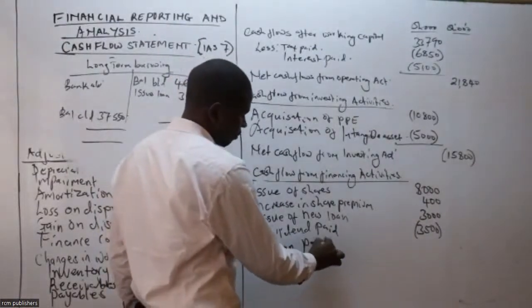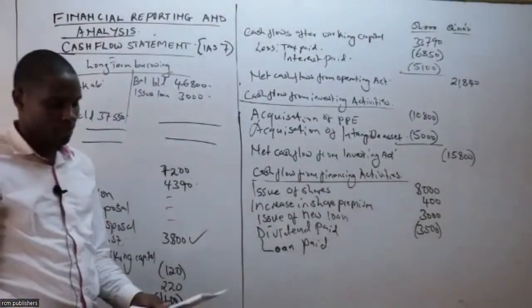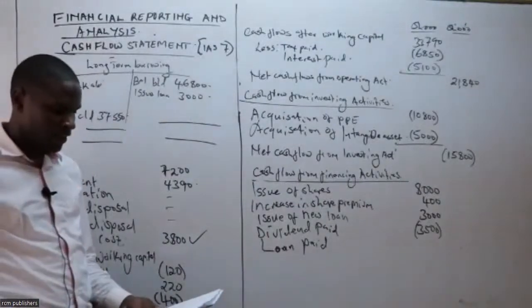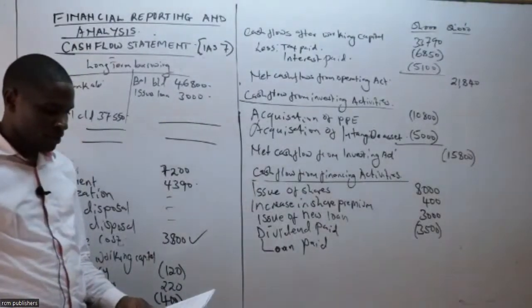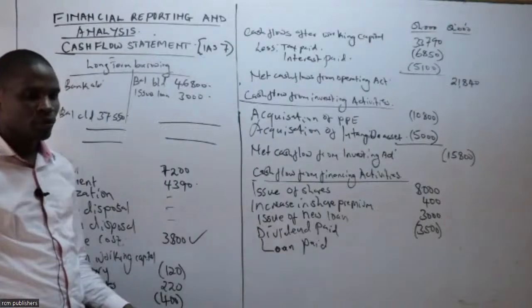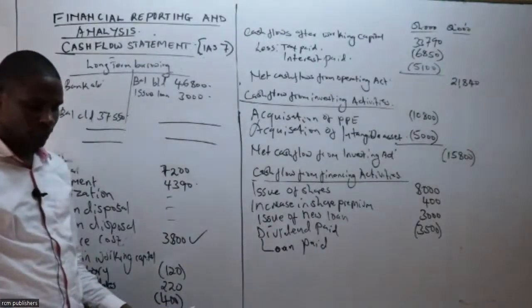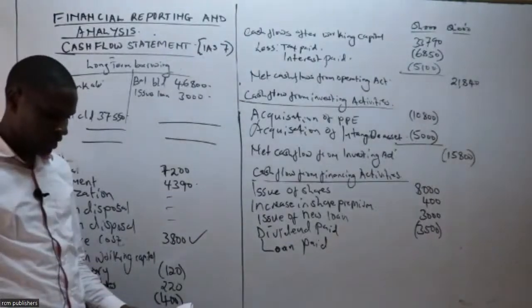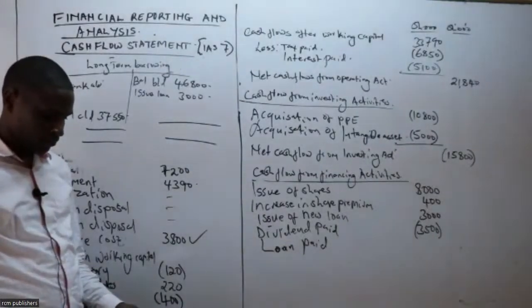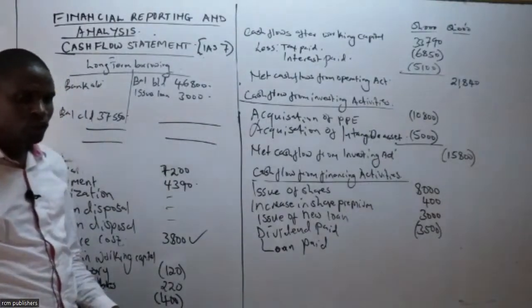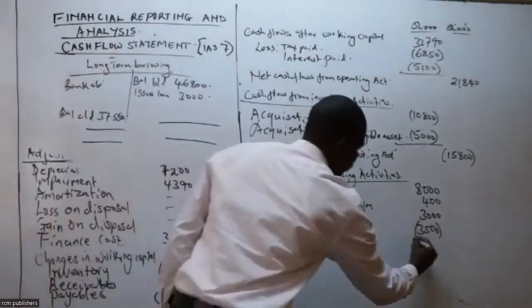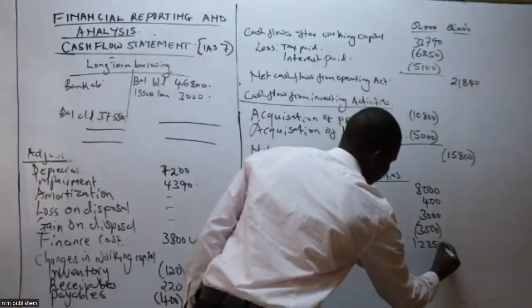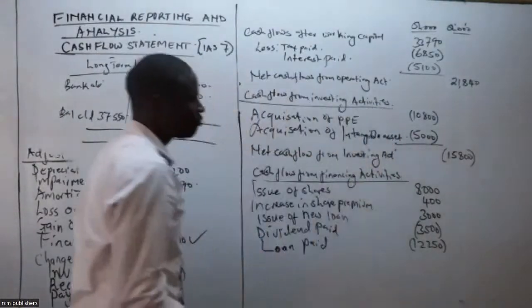Walilipa loan ya ngapi? Give me the figure there. How much are you getting as the balance there? 12,250. That will be an outflow.